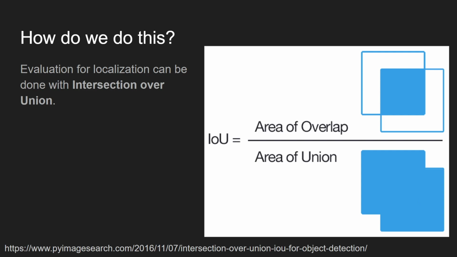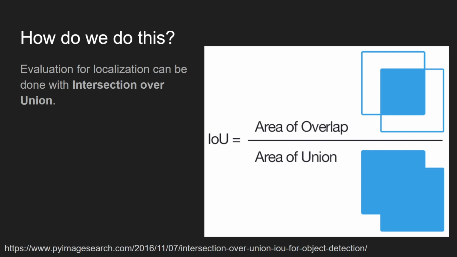For example, let's say we want to evaluate how well we did for localization. It's harder to do something like accuracy because we're trying to draw a box. They can be a little bit outside the box.